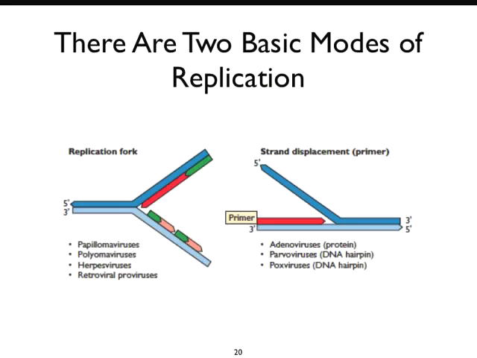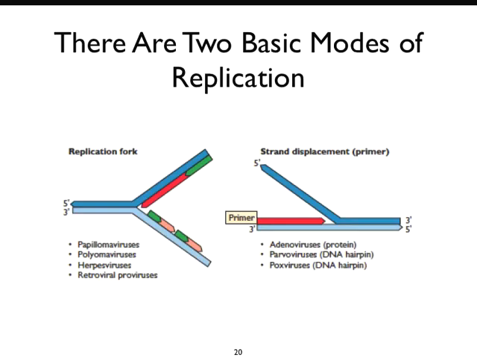So there are two basic modes of replication. There is replication fork-based synthesis, where there is a leading strand, where DNA replication elongation is continuous, starts with a specific primer, and just reads through. And there's a lagging strand, and the lagging strand is initiated with RNA molecules, and it is done discontinuously.